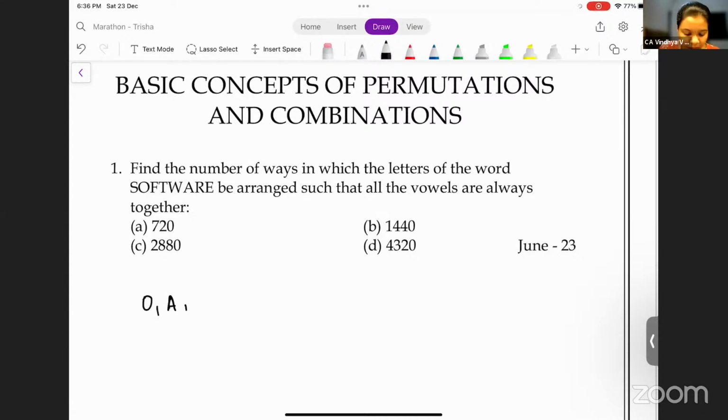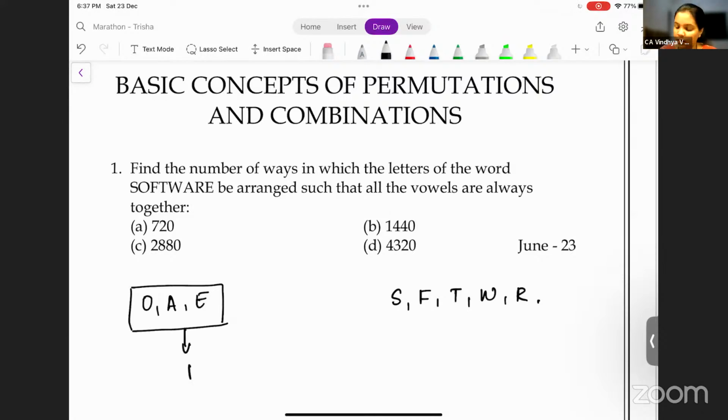A and E. Right? O is the vowel, A is the vowel, and E is the vowel. What are the remaining alphabets? S, F, T, W, R. Correct? Now, if this is to be together, then like I told you, this should be considered as 1.